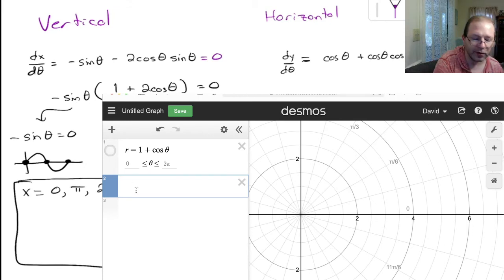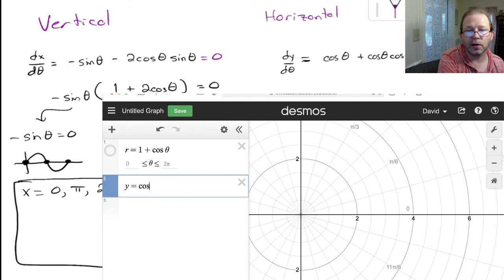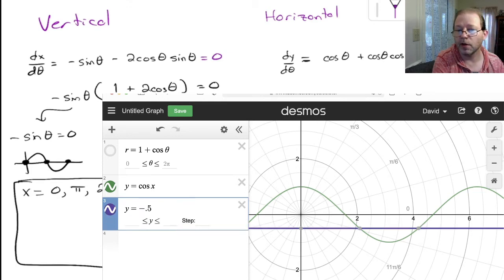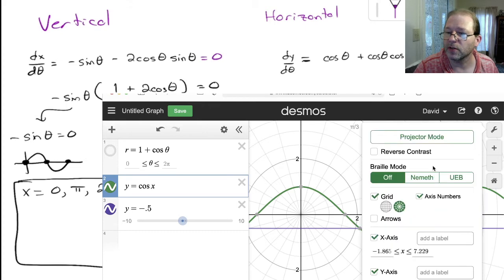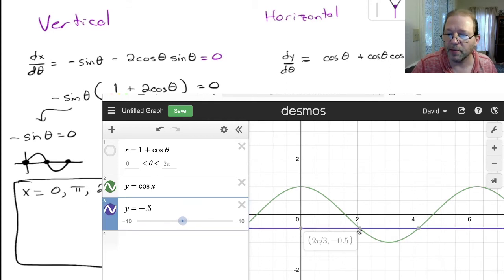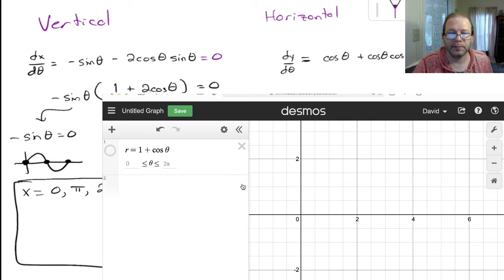If you've forgotten how to do this, just type in y equals cosine x, and then y equals negative 0.5, and then come over here and figure out where the two things intersect. Let's see. I'm going to change this to grid. So y equals cosine and y equals minus 1/2. That happens down here at 2 pi over 3. It happens again over here at 4 pi over 3. So if you need to use that method, use it.